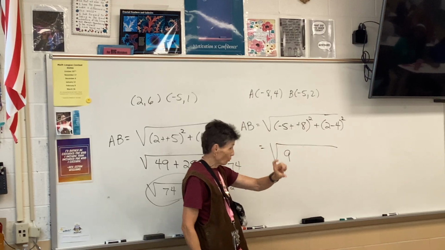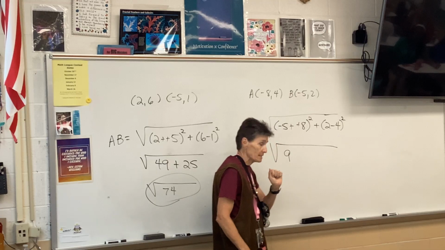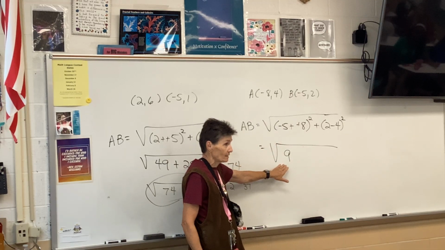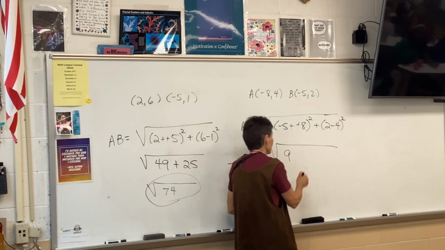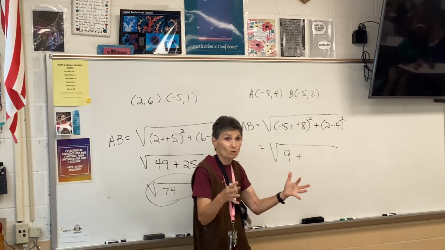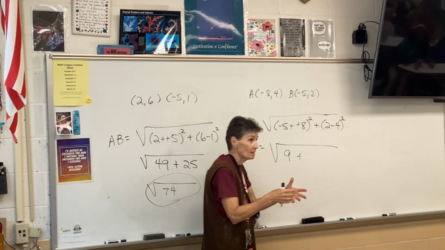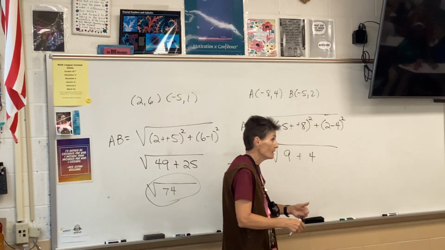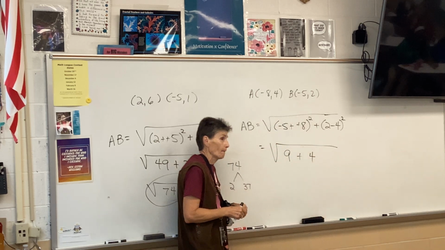If you did it in the other order, you got negative 3. It doesn't matter, because when you square it, either one, you're going to get 9. Okay? 2 minus 4, well, it's negative 2, but I'm squaring it, so it's going to be 4. If you did 4 minus 2, you got 2, and when you squared it, you got 4.